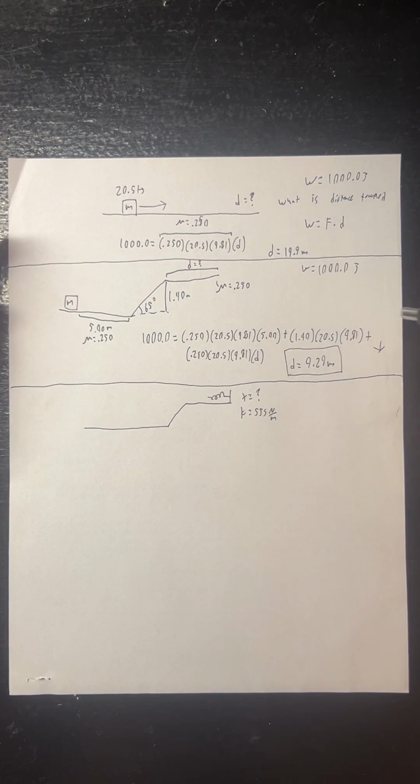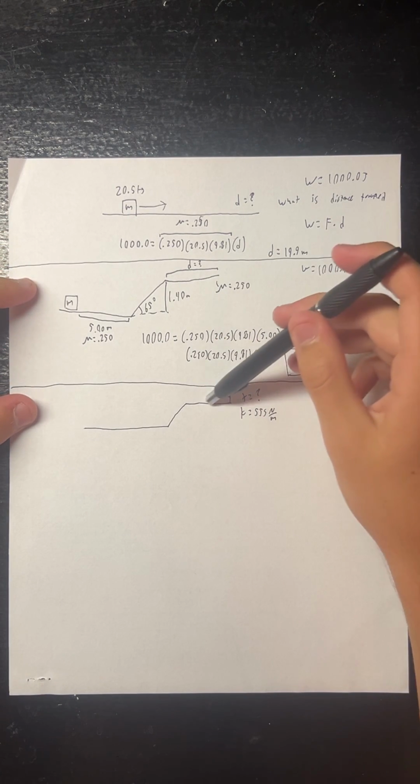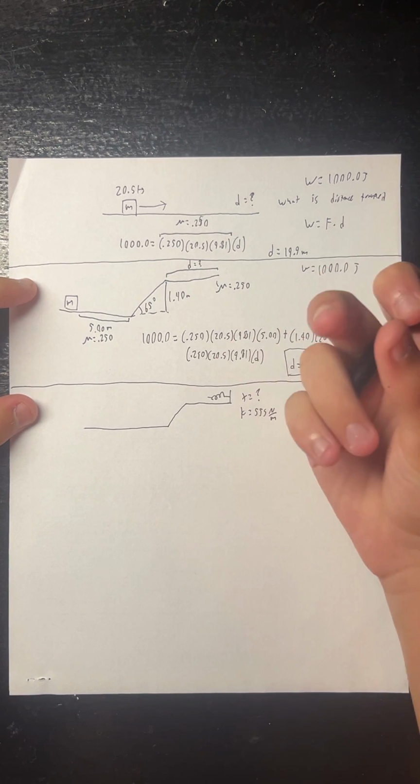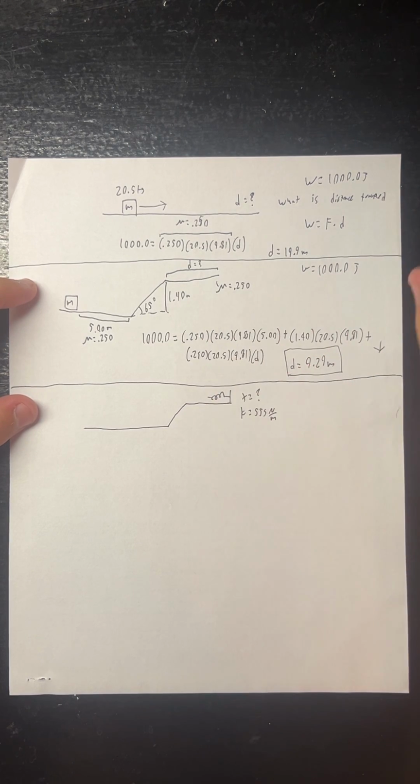Okay, the next question is pretty much the same thing, except at the end there is a little spring, and it is asking what x is, how much the spring compresses. So we can do pretty much the same setup.